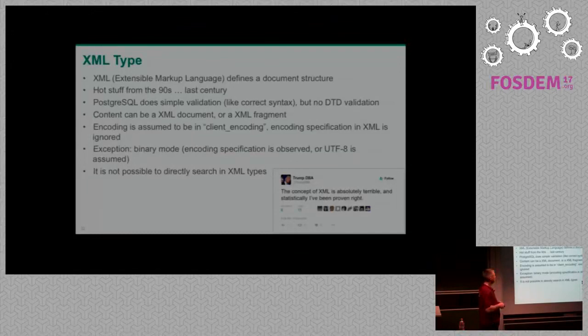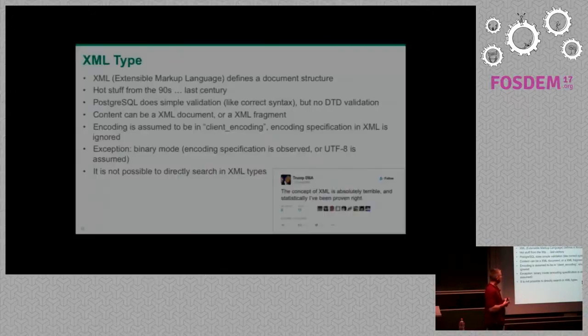It will validate the syntax, like if opening and closing tags are correct. It will not validate any schema definition, DTD. You can store a whole document, or you can just store fragments of an XML document. It works both ways. I'll show you in a moment.